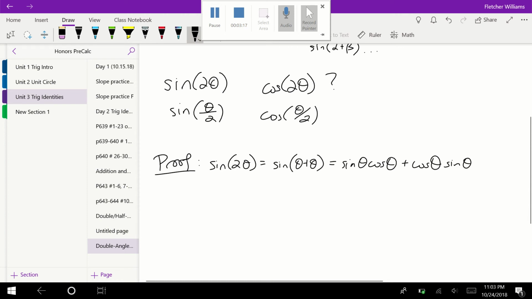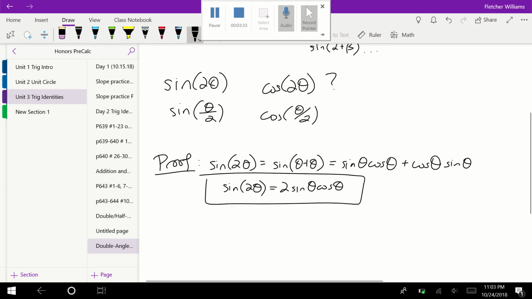Notice that both terms have one sine and one cosine, so they're the same thing. So all of that just equals, sine 2 theta just equals 2 sine theta cosine theta. There's the identity. QED.